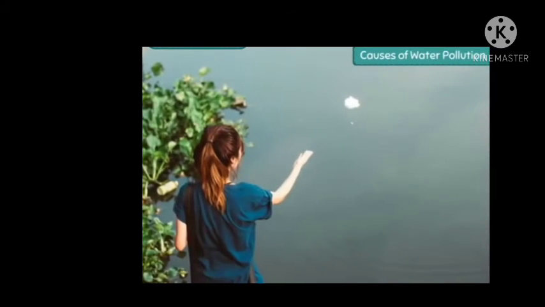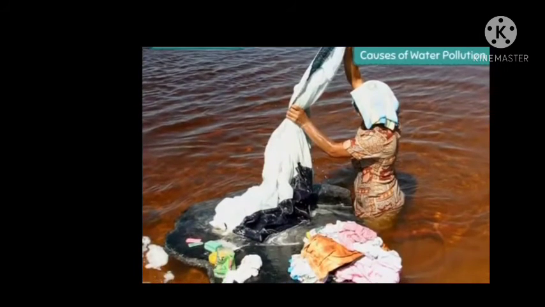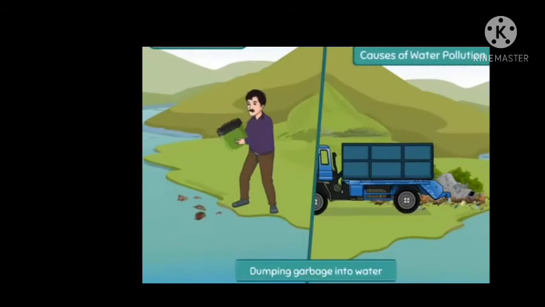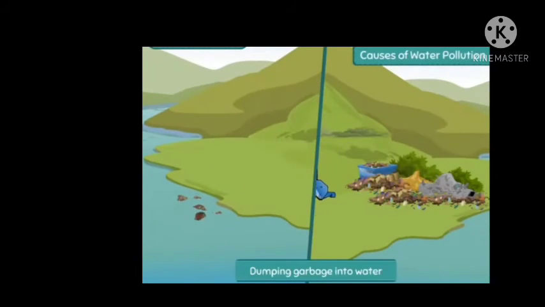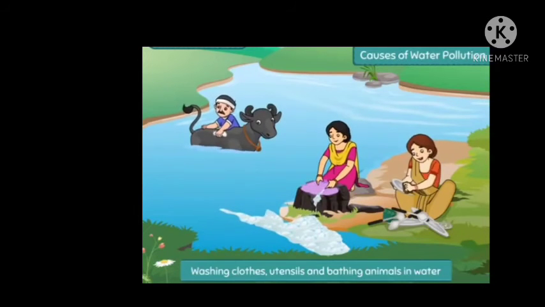Many human and natural activities result in water pollution. Dumping garbage into water bodies is a common cause. Washing clothes, utensils, and bathing animals add dirt and detergents to the water and cause pollution.